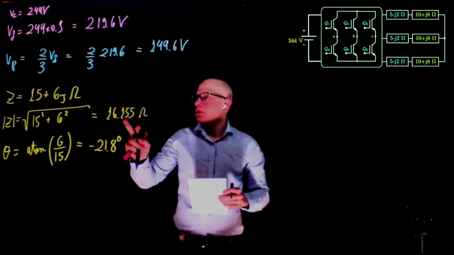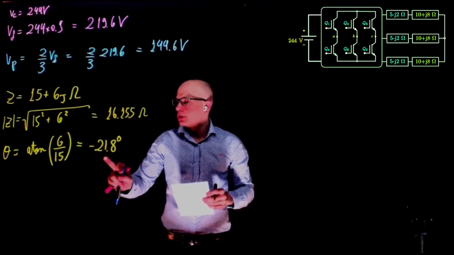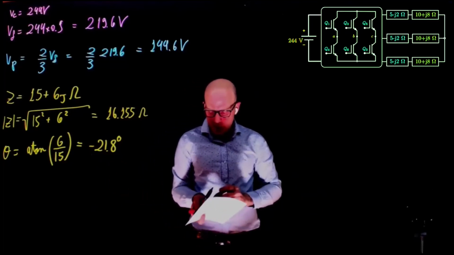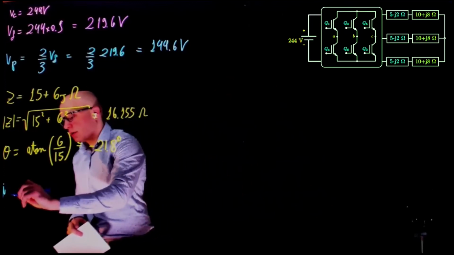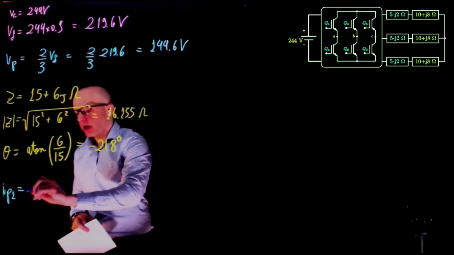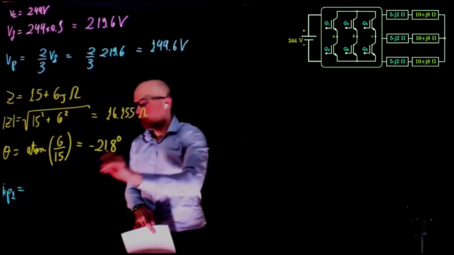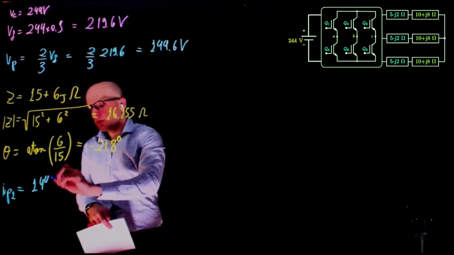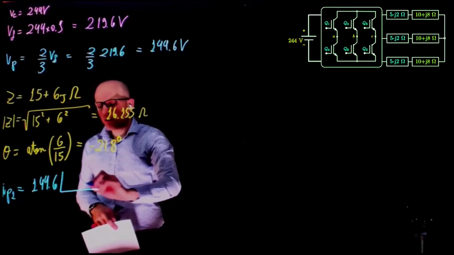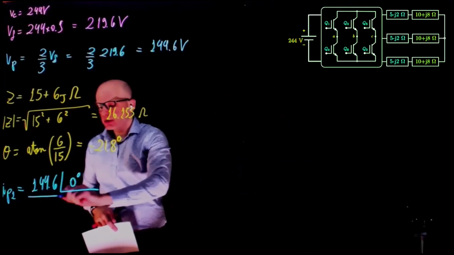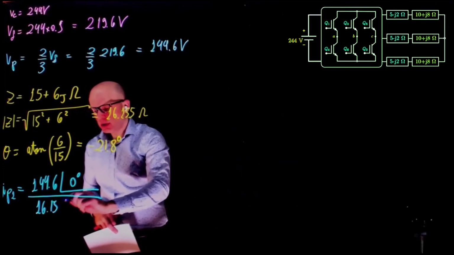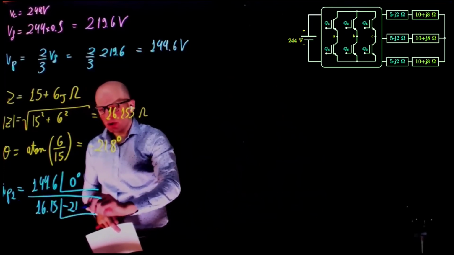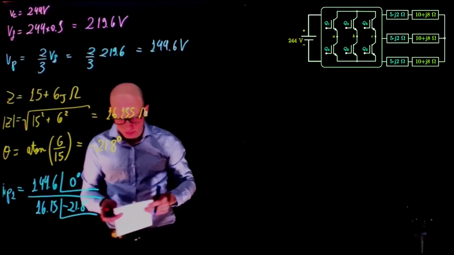That's the load magnitude, that's the load impedance angle. Now the first current for the first branch is this voltage at an angle of 0 degrees, that's our reference, divided by 16.15 with an angle of negative 21.8 degrees.